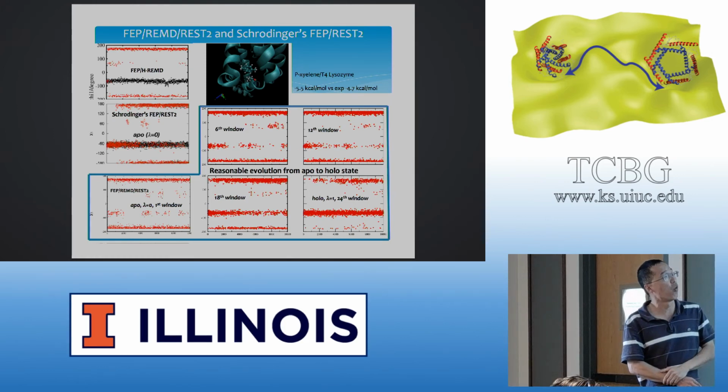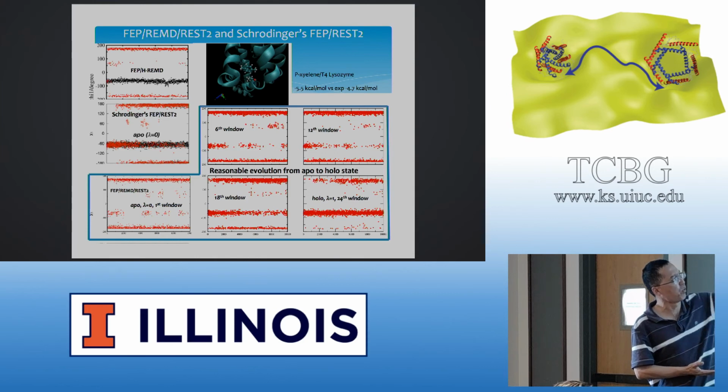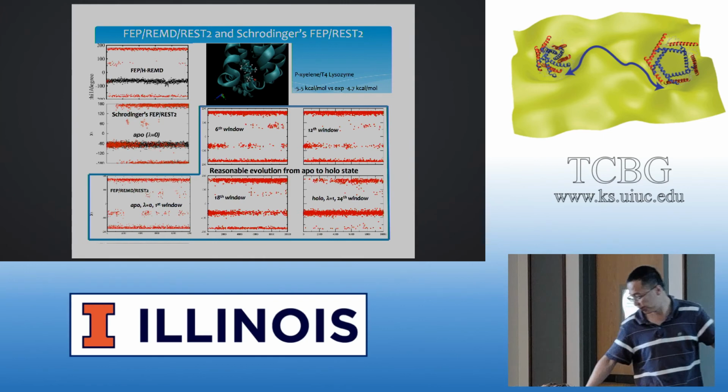Actually, Schrödinger's version also has a pretty similar binding free energy, but it seems that it takes a little longer time scale to observe the rotameric state conversion than NAMD's version. But this is not a very challenging problem, and later I will show more.